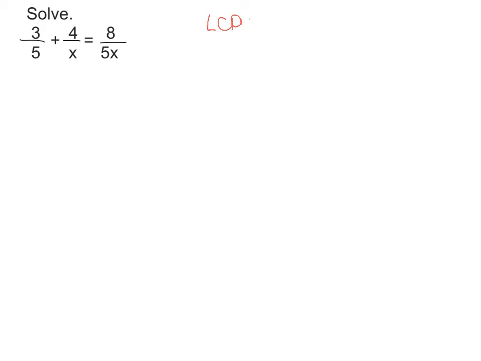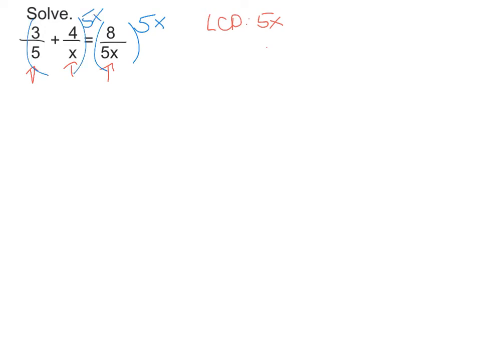So our least common denominator, because this has a 5, has to contain a 5. Because this has an x, it has to contain an x. And this is a 5x, and look, we already have both 5 and x. So our least common denominator must be 5x. So I'm going to take everything, both sides, times 5x.